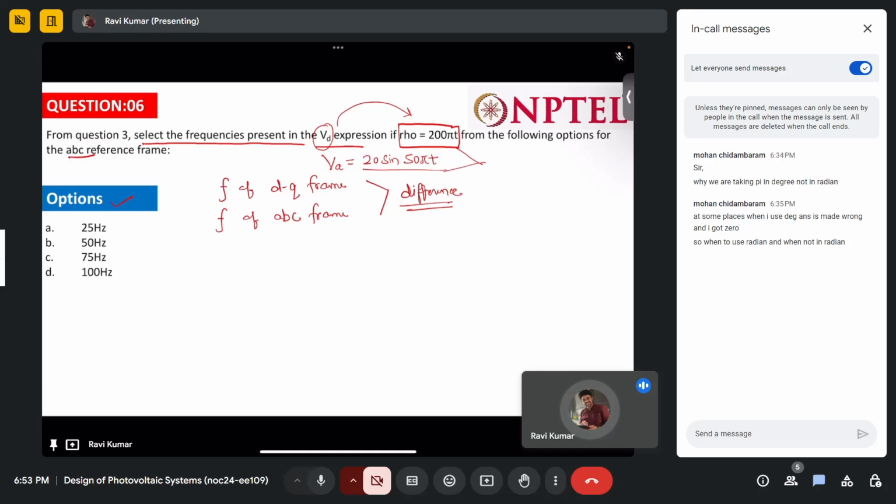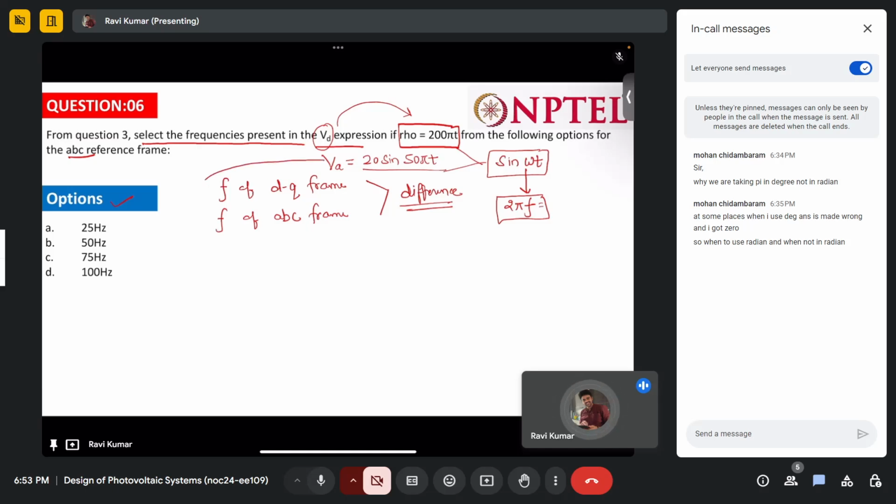Generally we write an expression in terms of omega, like sine omega t. Omega is an angular velocity, and if we change omega into f, we write it as 2 pi f. And if you compare with this 2 pi f, you can get the frequency.